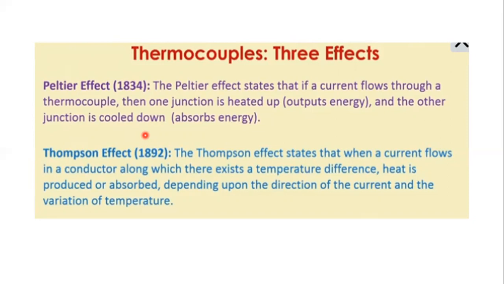Okay. And the Thomson effect states that the junction EMF may be slightly changed if a temperature gradient exists along either or both materials. That is, when there is a current flow in a thermocouple circuit, there will be a change in junction EMF. The Thomson effect states that the junction EMF may be slightly changed if a temperature difference exists. So that change in voltage will be proportional to the variation of temperature.